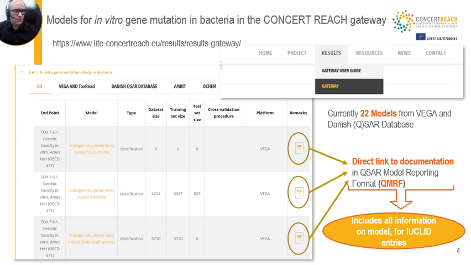And the gateway provides an overview of several characteristics of the models: the type of model, the data set size, training set and test set size, cross-validation procedure, the platform in which the model is implemented, and a direct link to the model documentation in the QSAR model reporting or QMRF format, which is then useful for documenting the model in the Euclid entries while preparing the dossier.